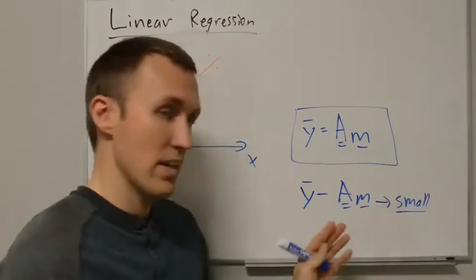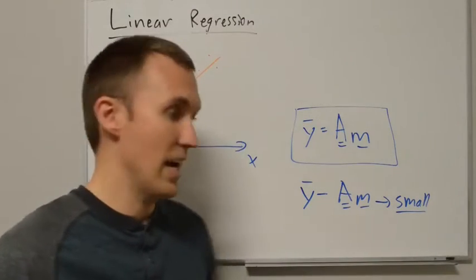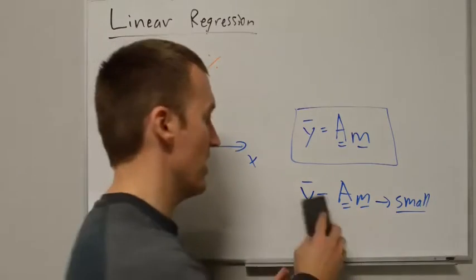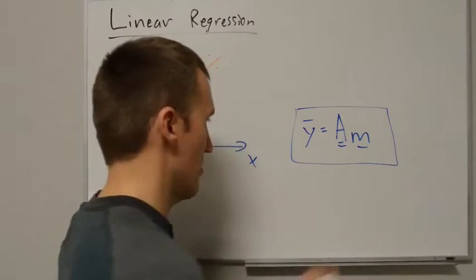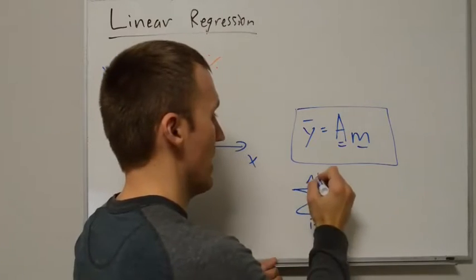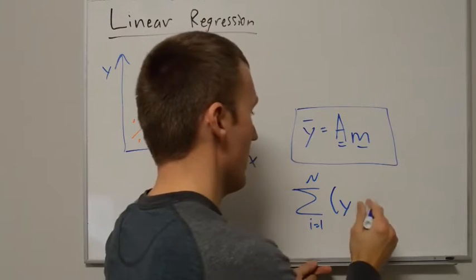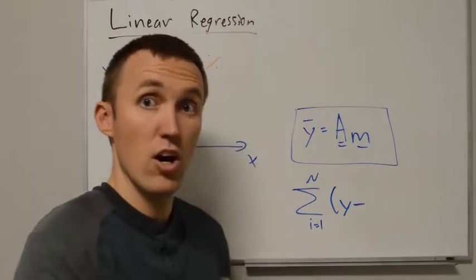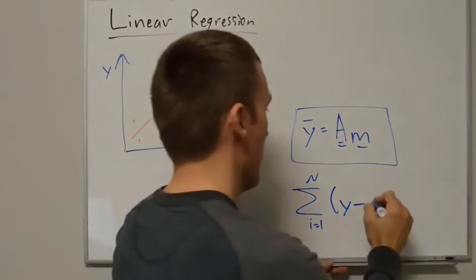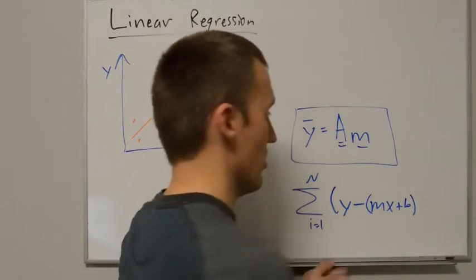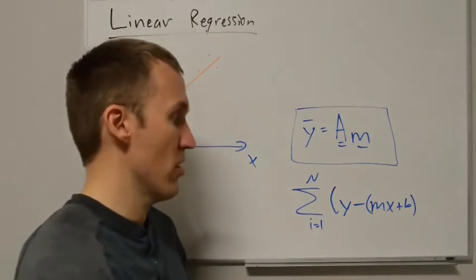If that's not the case, then this is not going to be quite equal to 0, but we want it to be small. And so if we were to write this as, let's say, a summation over all the data, we could write this as a sum, i equals 1 to n, where n is the number of data, and then we would have y minus our prediction, which would be mx plus b. So there's our prediction with our m and our b parameters.